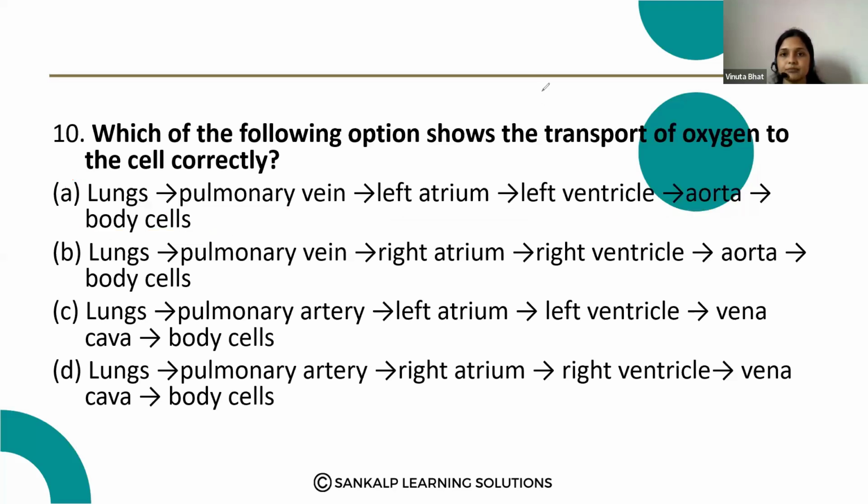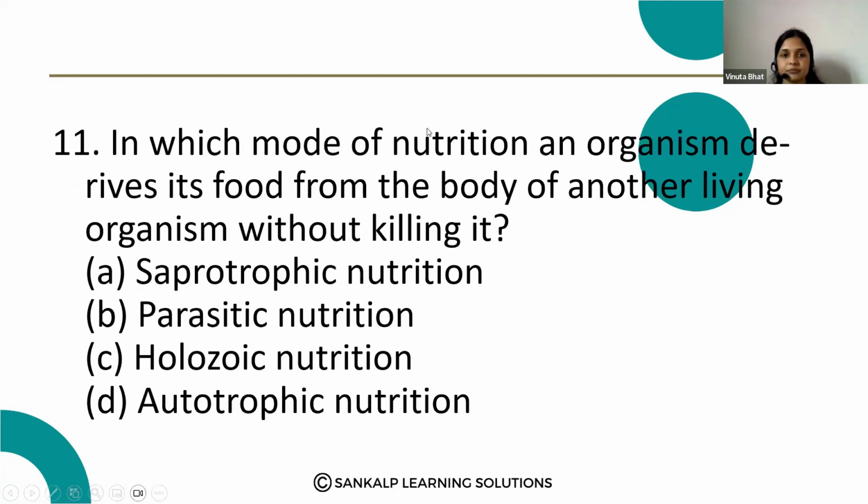Next question. In which mode of nutrition does an organism derive its food from the body of another living organism without killing it? The organisms obtain the food from other organisms without killing them. So what type of nutrition is it?